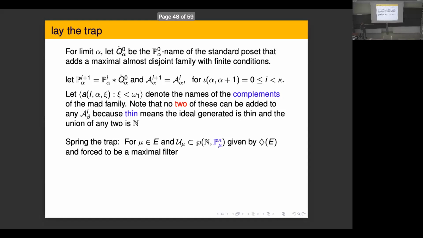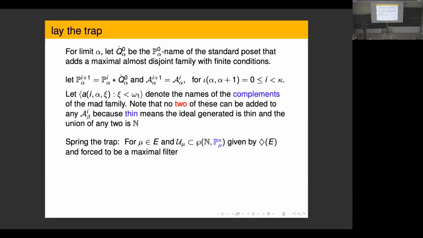And so what we do when we spring the trap is we use diamond at members of the stationary set. And we say, well, suppose we've trapped an ultrafilter. Now we look back, and we don't want to find conditions that decide this or that.